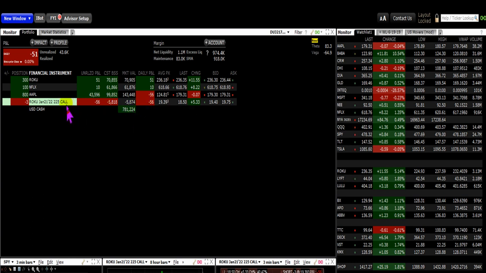Now, the way this looks is if the stock stays above 225, and remember it's at 236 today, we basically make that $7 in time premium for holding it 3 weeks, right? Pretty good. So all you do is you click on the buy, you buy it, and then you click on the 3 contracts on the option chain and you sell it, and you're done.